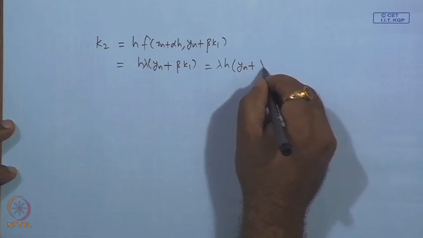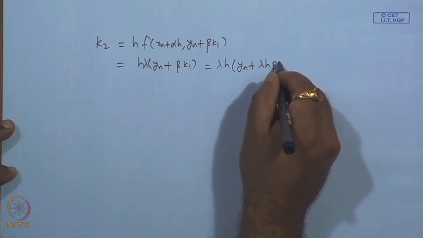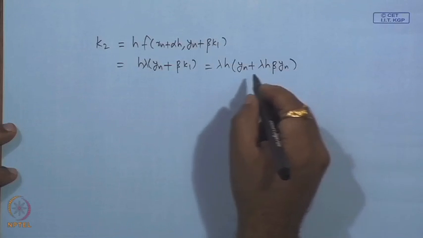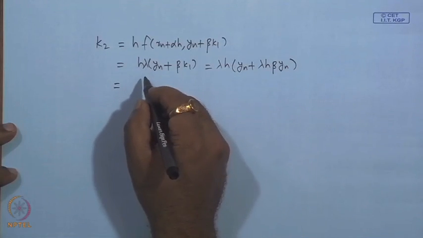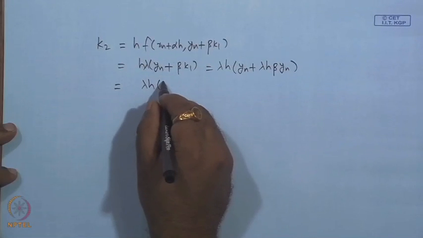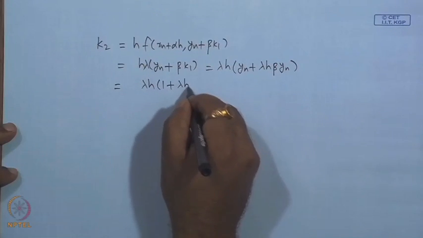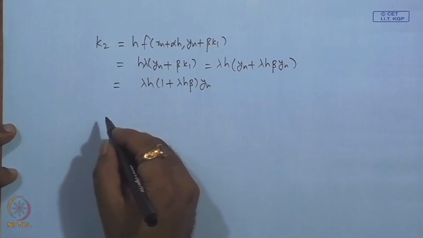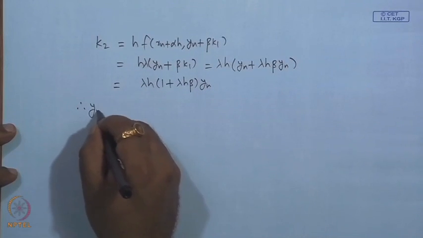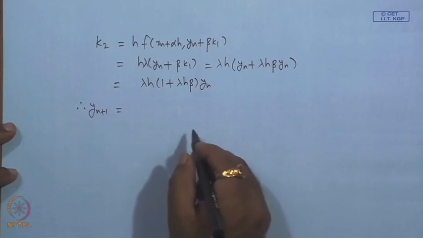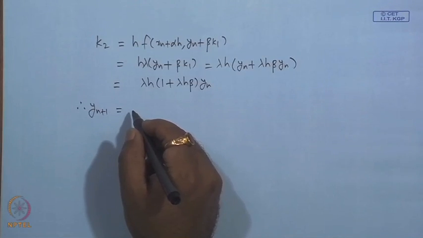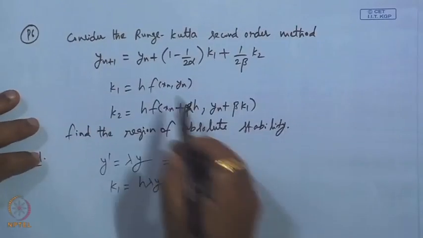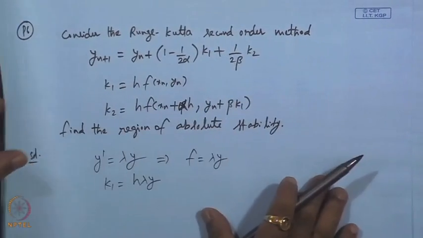So, that will be lambda h beta y n. Okay. So, this will be 1 plus lambda h beta y n. Okay. So, therefore, this was our y n plus 1.